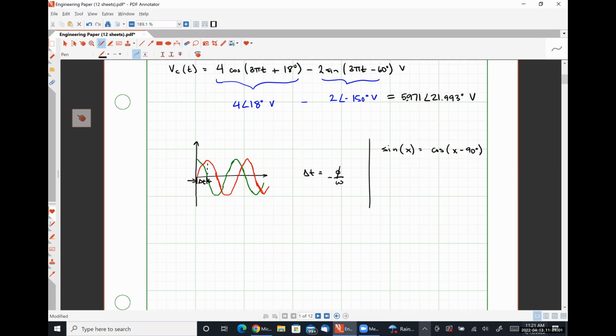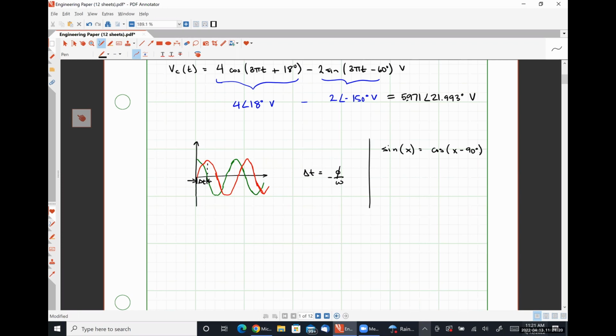So whatever the argument of the sine function is, 3 pi t minus 60 degrees, the cosine is then going to be 3 pi t minus 60 degrees minus an additional 90 degrees, which is how we got this negative 150 there.